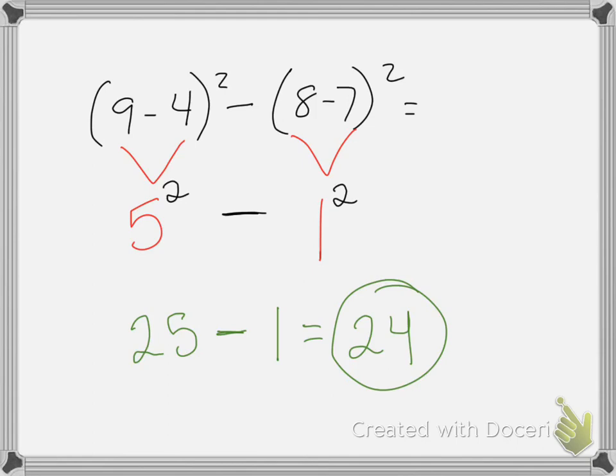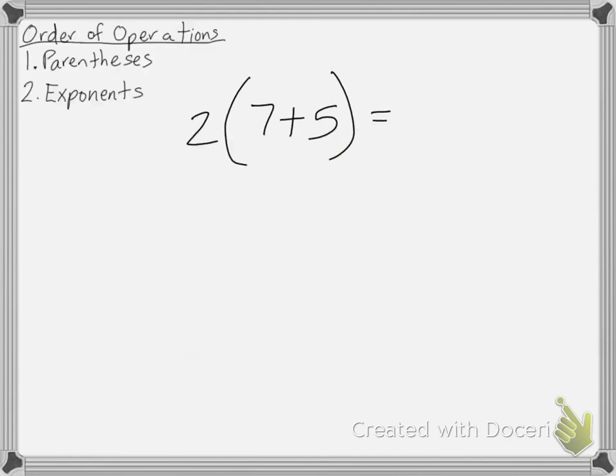Okay. So this problem is a little bit different from the other problems. Whenever a number is written next to a parenthesis, that tells you to multiply the number in front of the parentheses by what's inside. So I'm going to be doing 2 times whatever this equals.